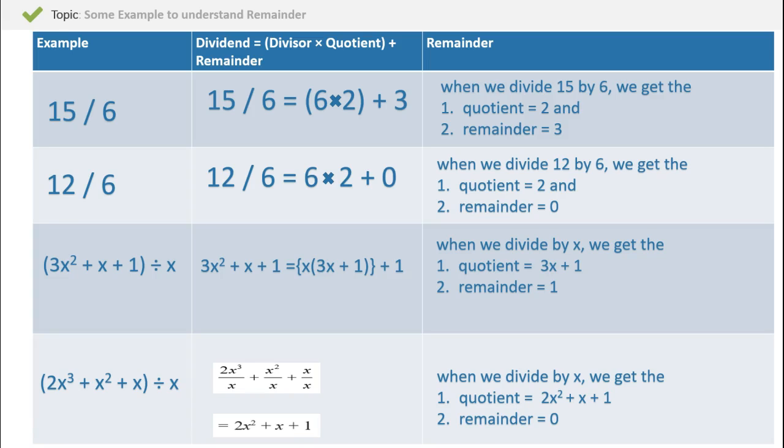When we divide by x, we get quotient as 2x squared plus x plus 1, but we do not get any remainder here. This gives us an indication that x, which is a divisor, and 2x squared plus x plus 1, which is your quotient, are really factor of 2x cubed plus x squared plus x, which is your dividend.